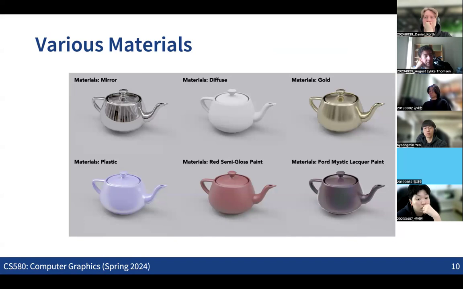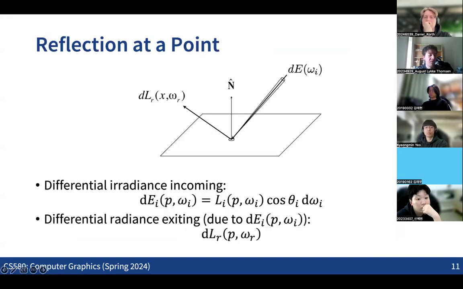So how exactly do we define this reflection dependency in a function? For many practical cases, the reflection patterns are characterized as the ratio between the differential incoming irradiance and the differential outgoing radiance.